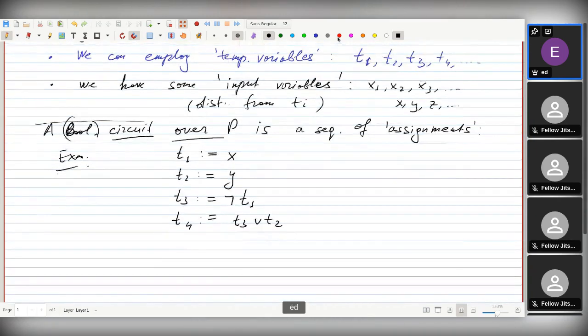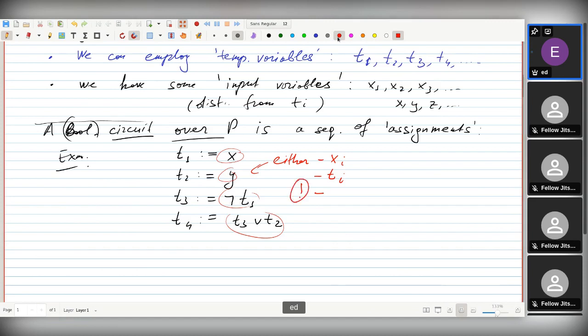Okay, that's it. In the right hand sides, I have what? I have either an input variable, or it is also possible to have our temporary variable here. It is not necessary, but it is convenient.